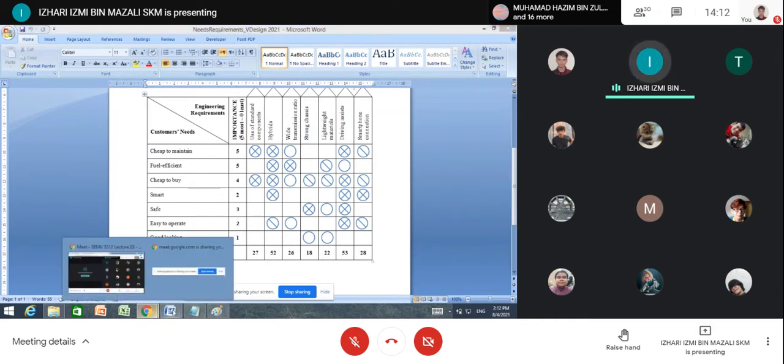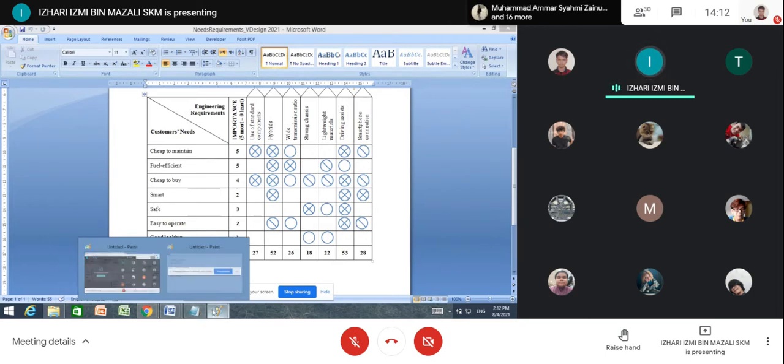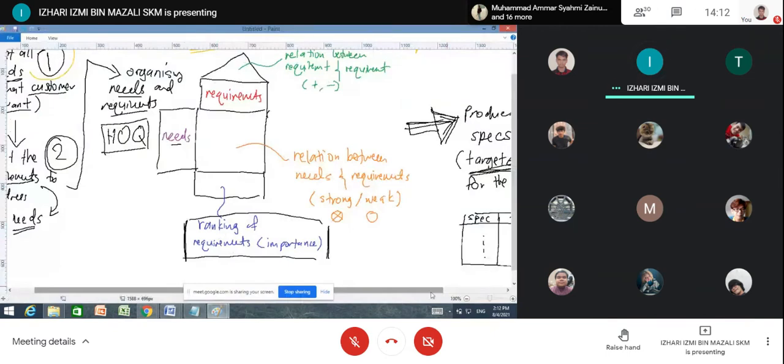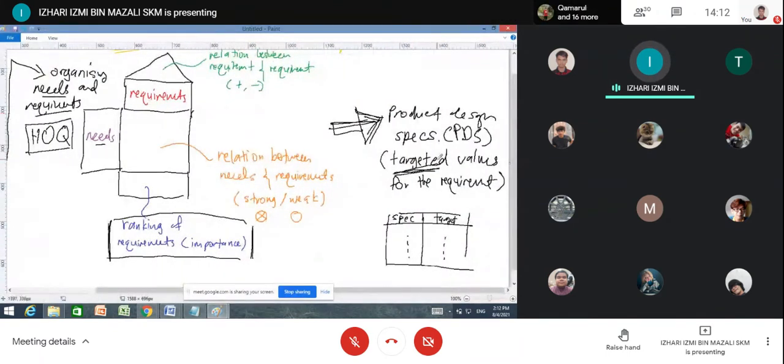When we produce the design target or the design specification, please remember to make sure that your specification target has values, meaning it has to be measurable.